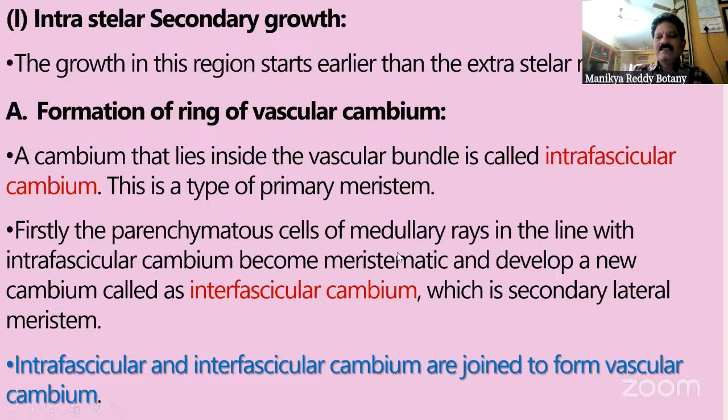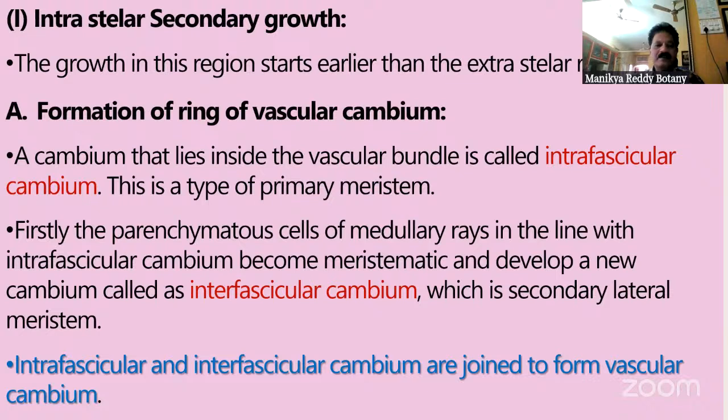The medullary ray, which extends from medulla to pericycle, is generally made up of parenchymatous tissue. The parenchymatous cells adjacent to the fascicular cambium regain the capacity of division, forming the interfascicular cambium strip.